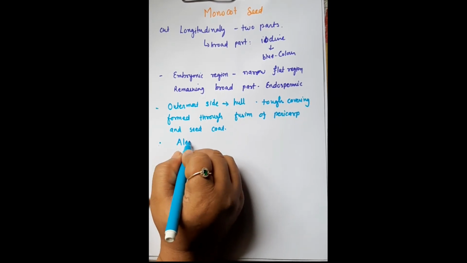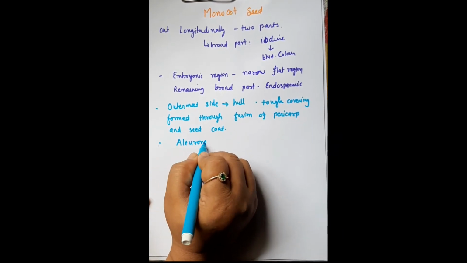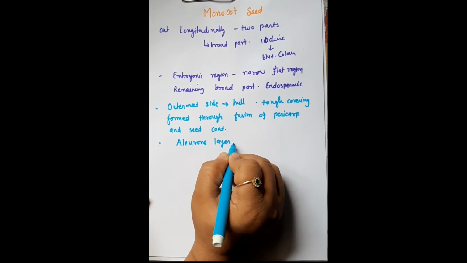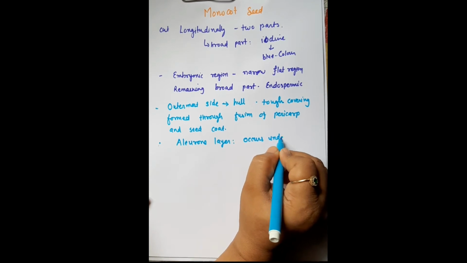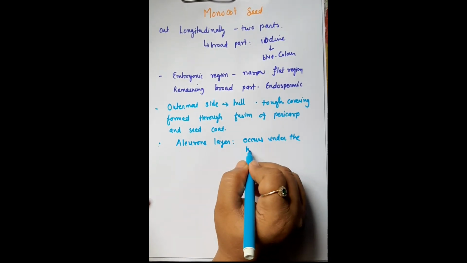Now the second layer is the aleurone layer, which occurs under the hull.